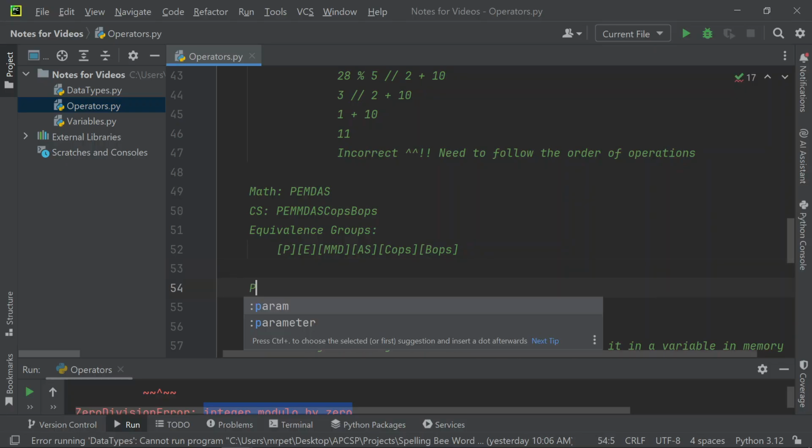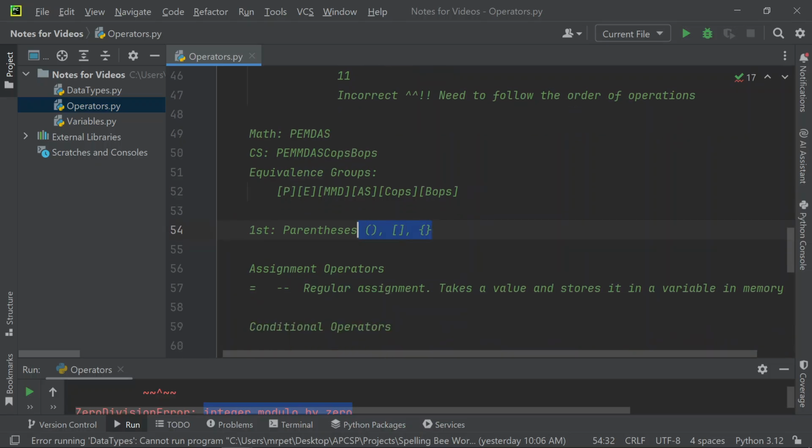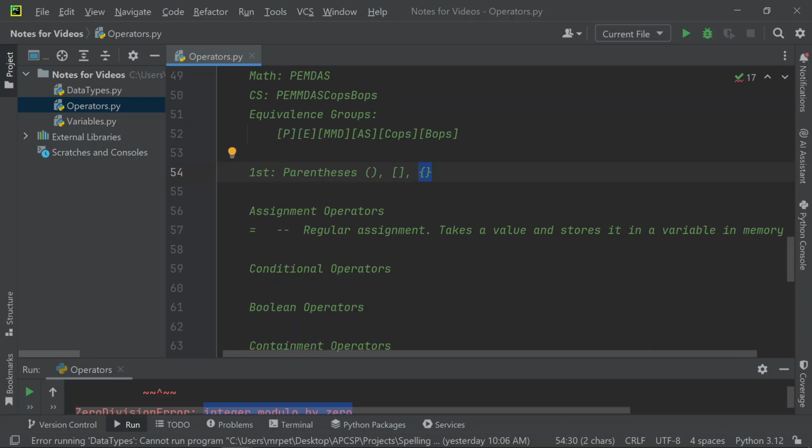Let's write them out. So first, maybe we should label it here. We would evaluate all of our parentheses type punctuation. In Python, we use 3 different ones. We have parentheses, we have square brackets, or just brackets, and then we have curly braces.